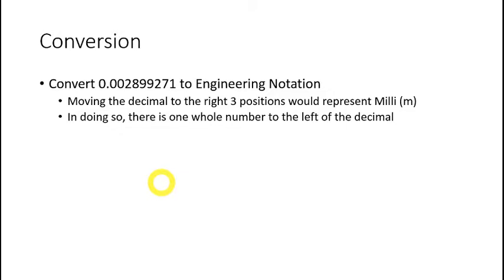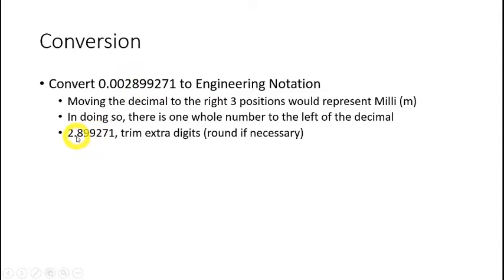In doing so, I have 1 whole number to the left of the decimal point. That satisfies I need to have 1 to 3 digits to the left of my decimal point, and I have 1 to the left of my decimal point, so that satisfies that rule. And this is the number that is represented when I move that over 3 positions. 2.899271.